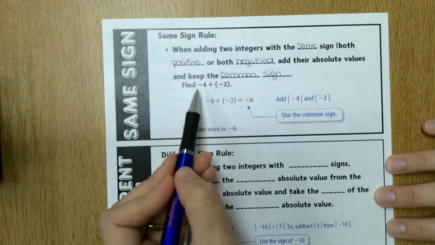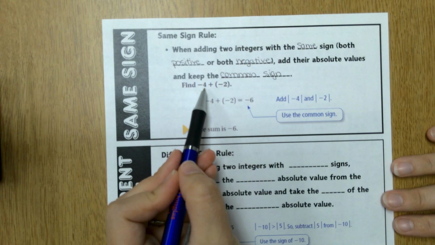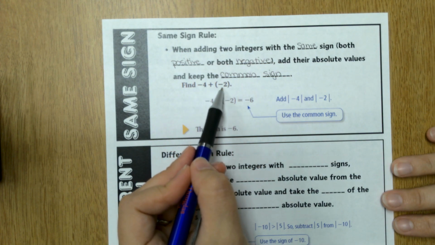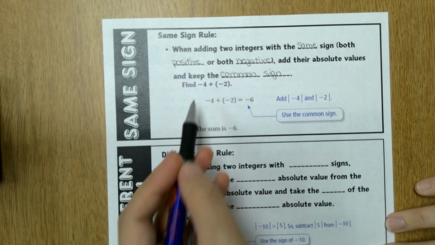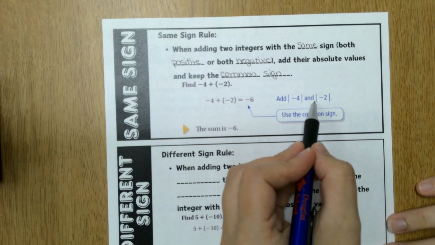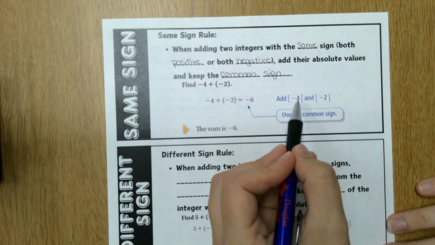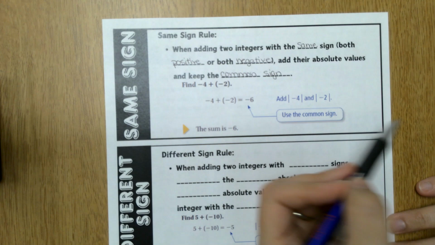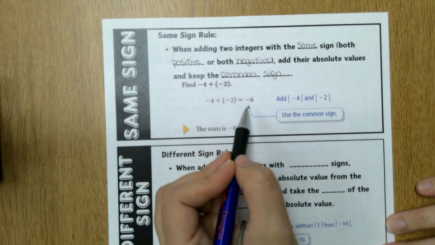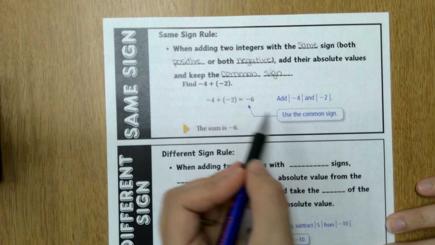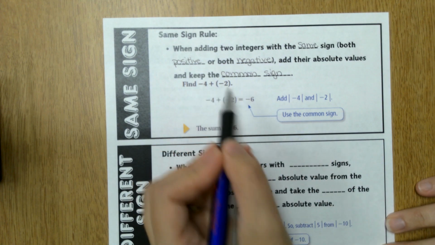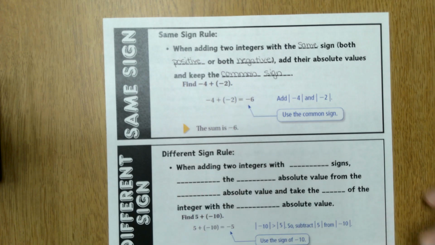So let's look at this example here. If I had -4 and I'm adding negative 2. First, I can just add their absolute values. So I know the absolute value of negative 4 and the absolute value of negative 2 is 4 and 2. So I'm going to add those together. 4 plus 2 is 6. And then I'm going to use the common sign. Okay, so I'm going to take the sign that they both share, and I'm going to add it to that 6. So now I know it is negative 6.